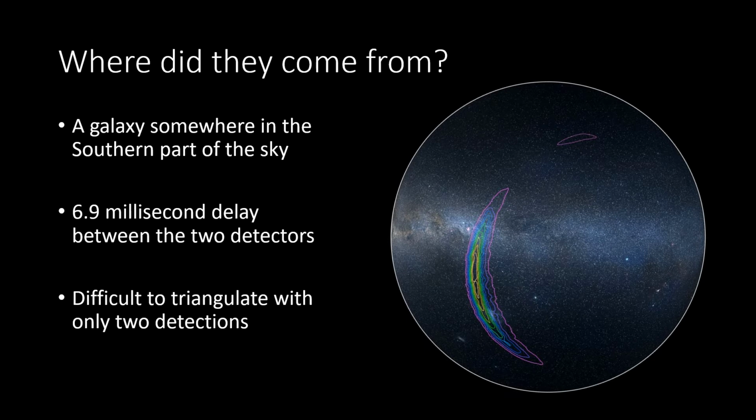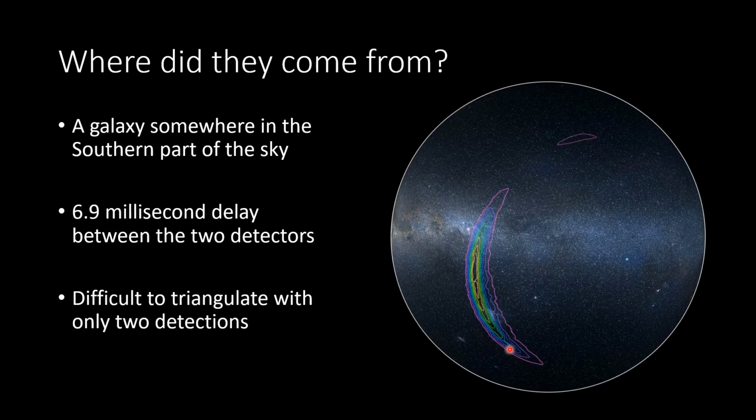If you look at the picture on the right-hand side, this shows our Milky Way galaxy across the center here. And this outline in the different colors is the general region where that black hole pair could have been. It probably originated somewhere near the center, but it really could have been anywhere along this line here.